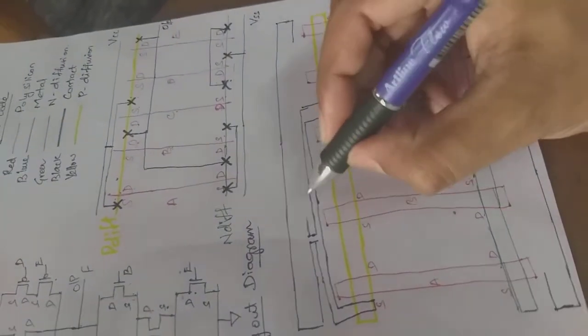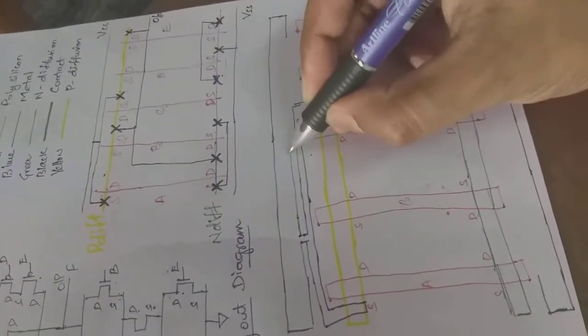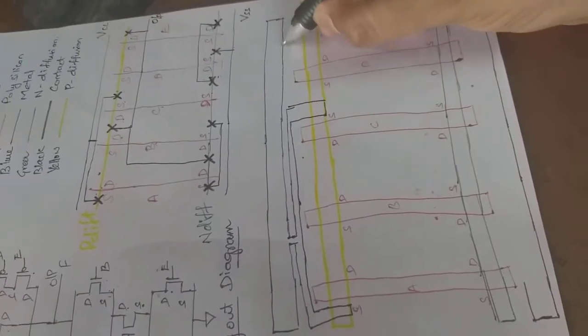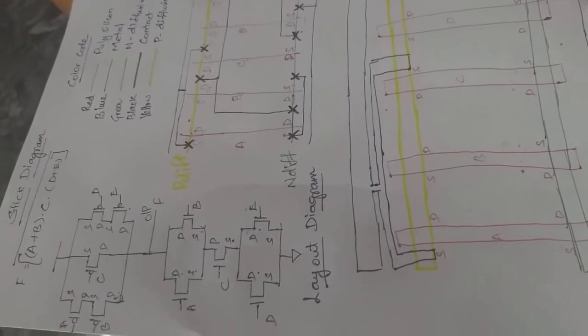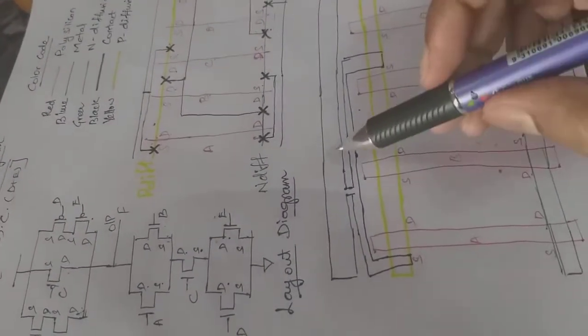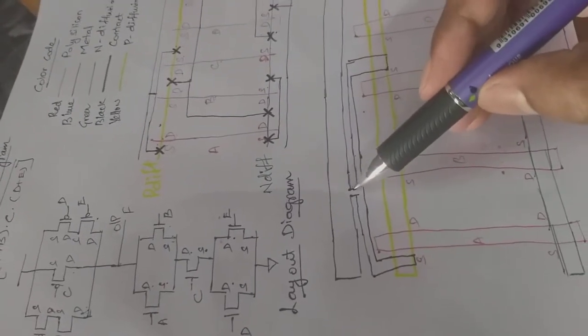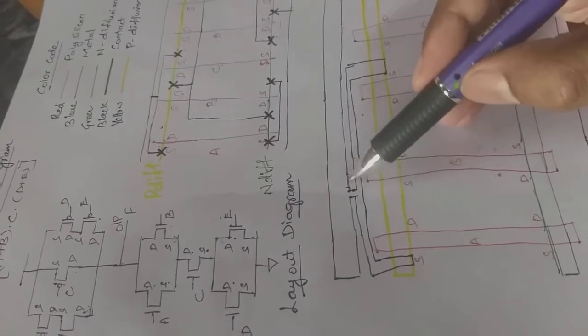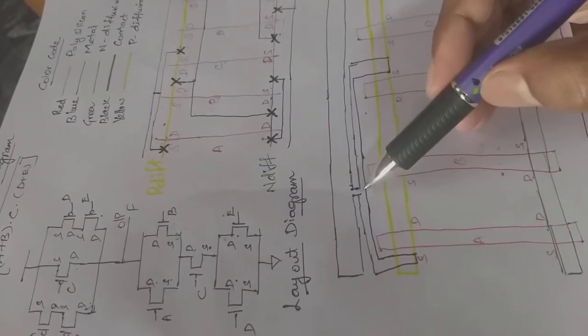Since I'm holding my mobile camera in one hand, I can't draw it in a clear fashion, so hope you don't mind and there is no confusion. This is just a slot opening which shows the connection between this metal line and this metal line.